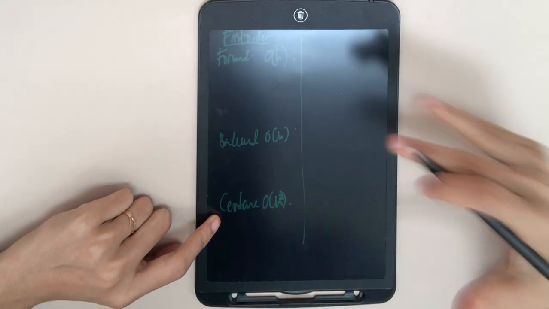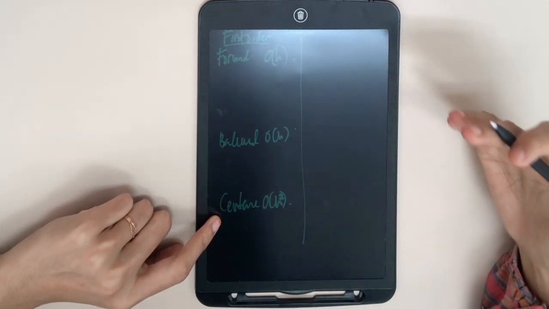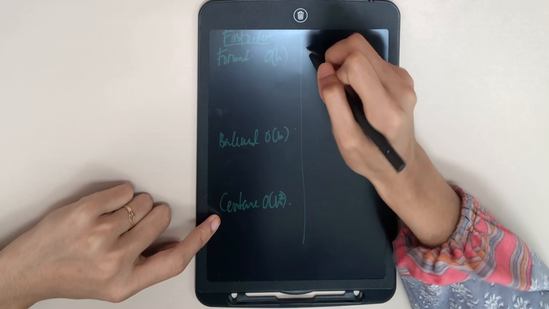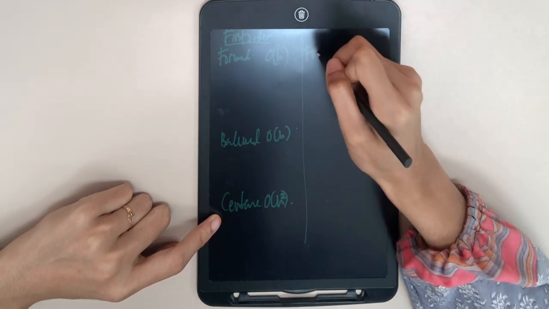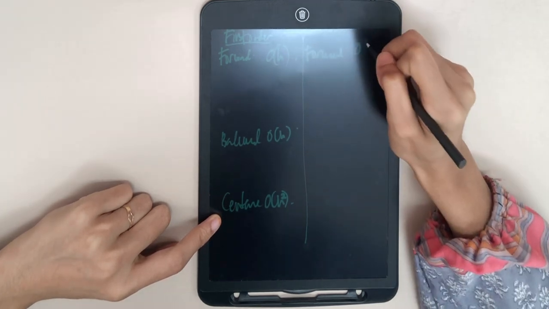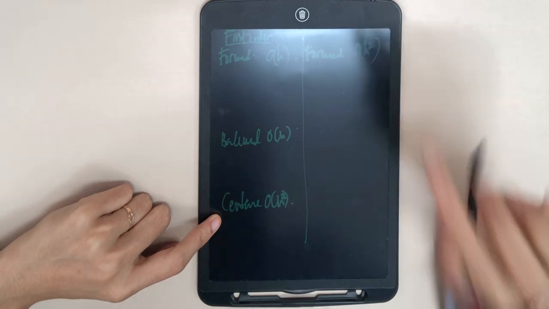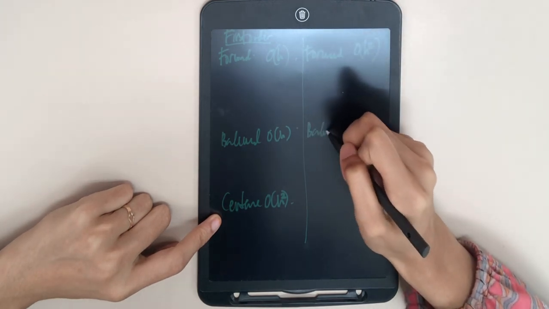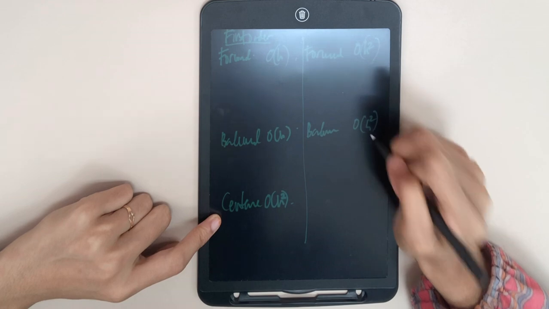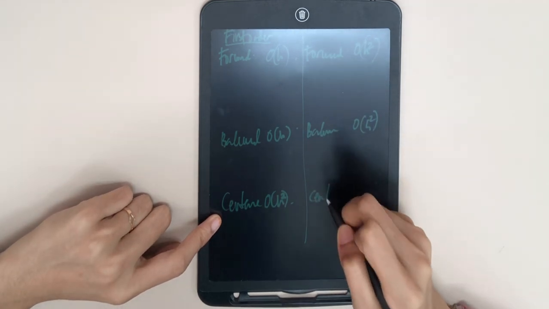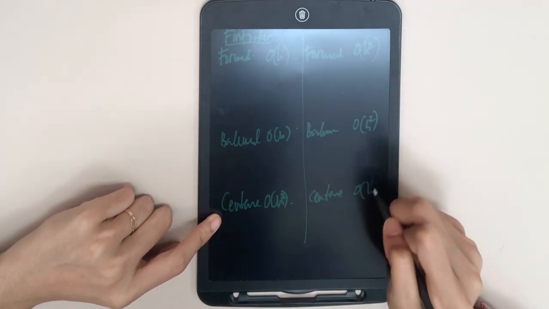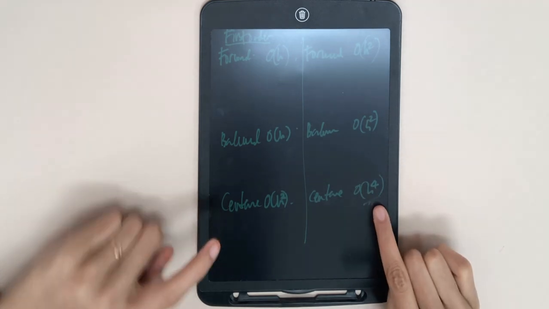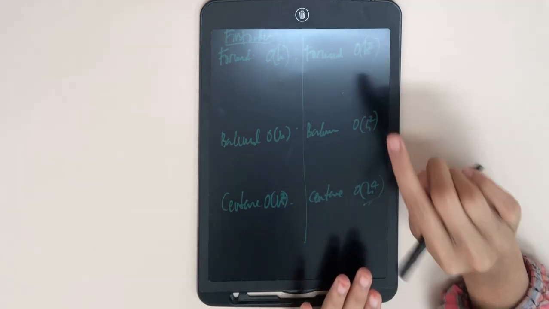How the what we call the high accuracy look like? Kalau high accuracy, dia akan bagi macam ni. Forward OH square, backward OH square, and centered OH4. Can you see the difference now?